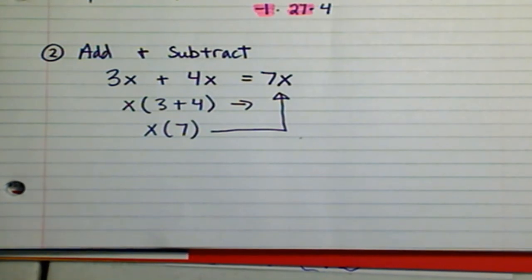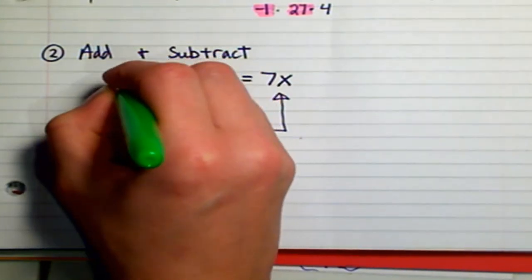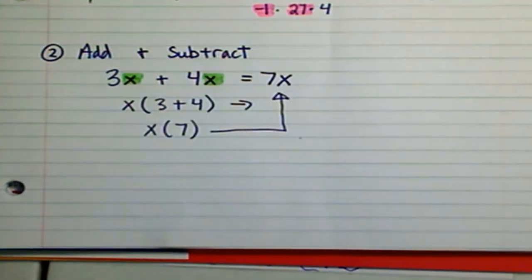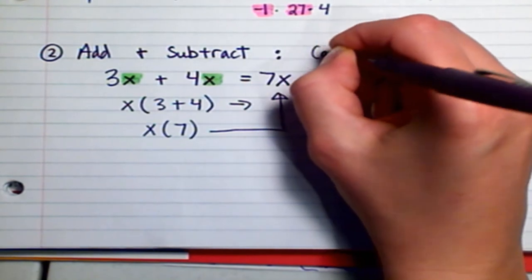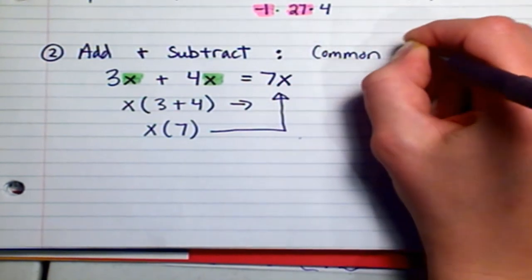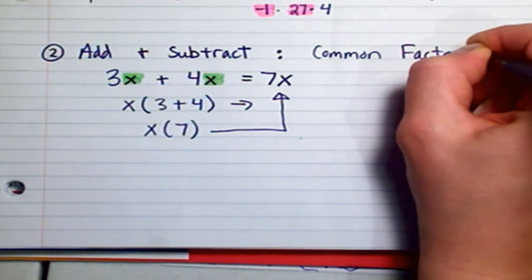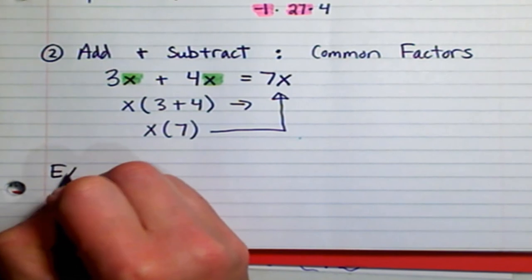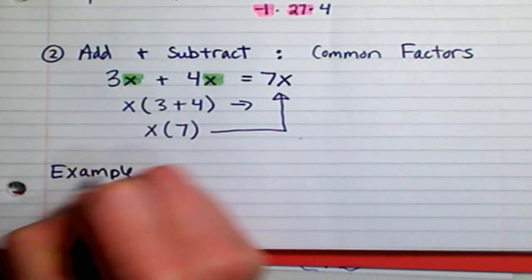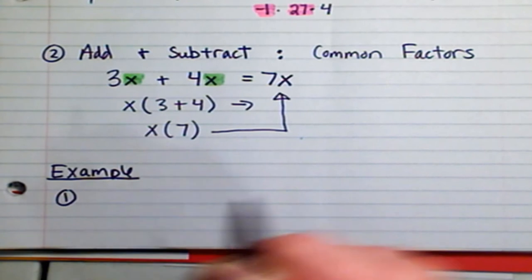And so what we're doing in order to add variables together is we're actually looking for common terms. Right? We're actually looking for common factors and trying to add the coefficient. Okay, so let's try an example.